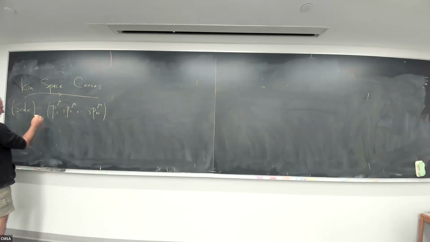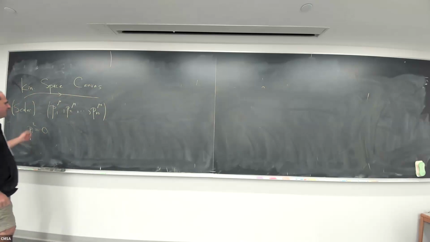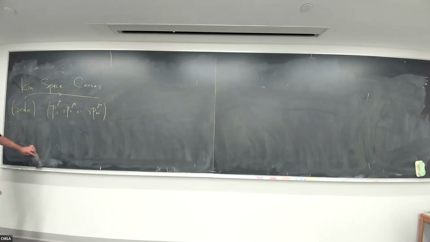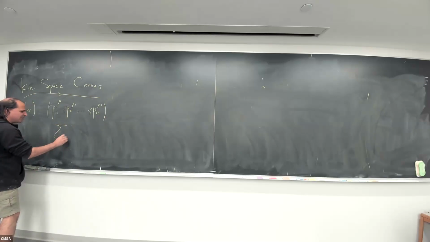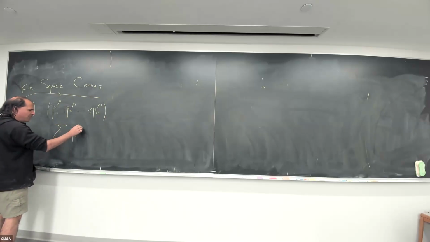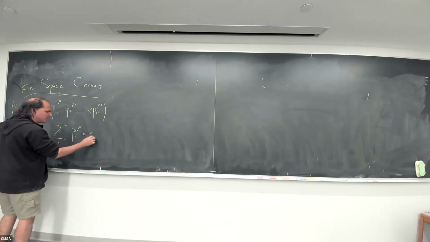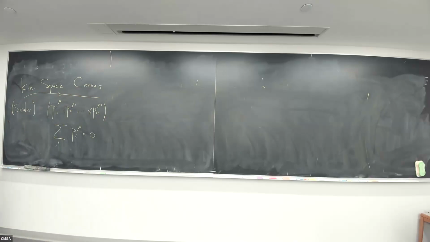The only thing I know about them is, so let's say that all the pi squareds are 0. They don't have to be 0. The particles don't have to be massless. I'm just going to put them to 0 so I don't have to talk about the mass. So you can trivially put the masses back into this whole story. Okay? In fact, let me not even say what they are, because they won't matter. They are whatever they want on the outside. But what I do know about these things is that they satisfy momentum conservation. Sum of pi mu is equal to 0. Okay.